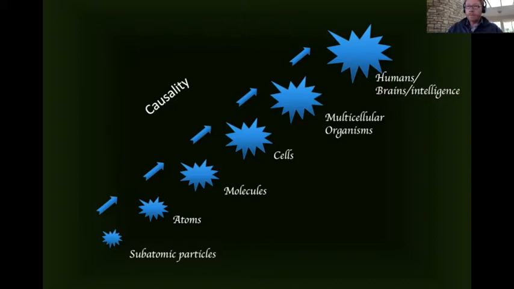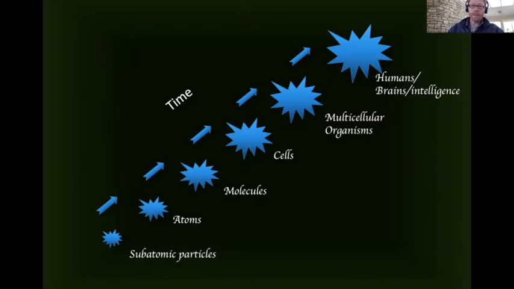So I might have to move this window, actually, because I know something's going to happen up there. Okay, so in creation, we can replace causality with time, so that we can say that at the beginning of the universe, the first things that formed were subatomic particles.